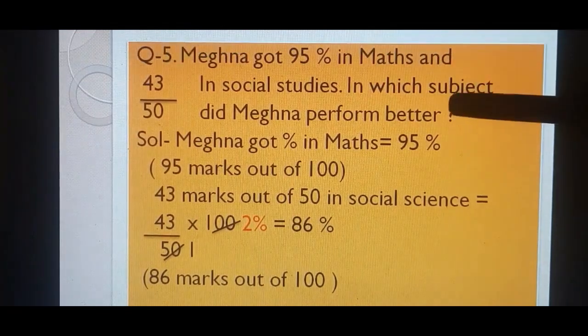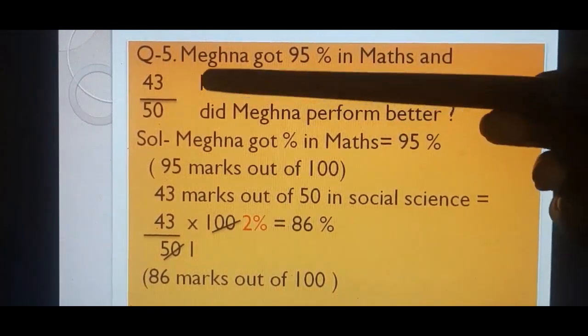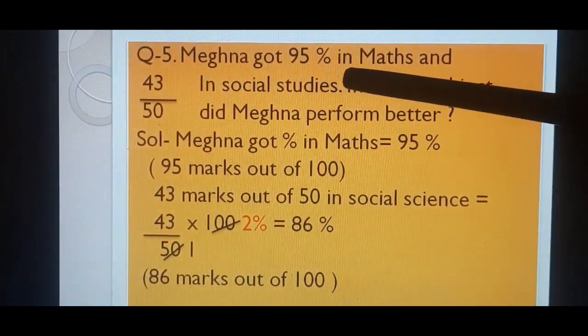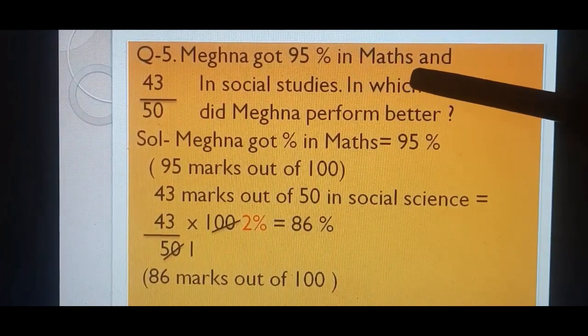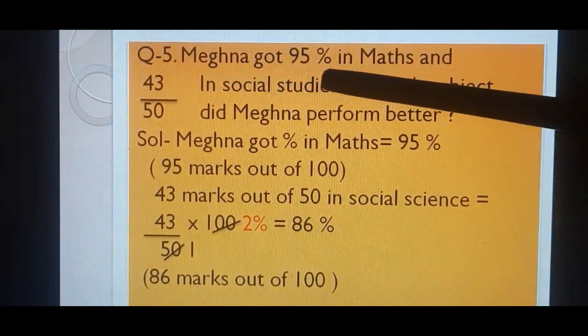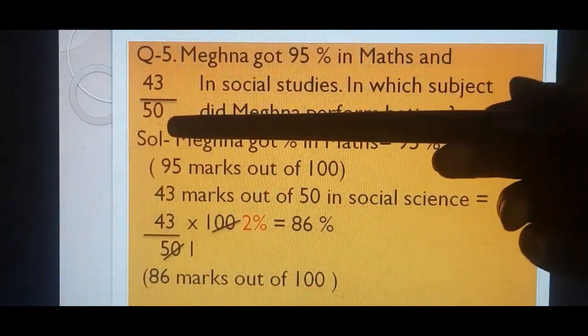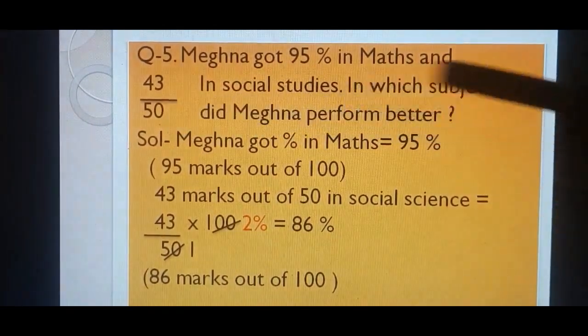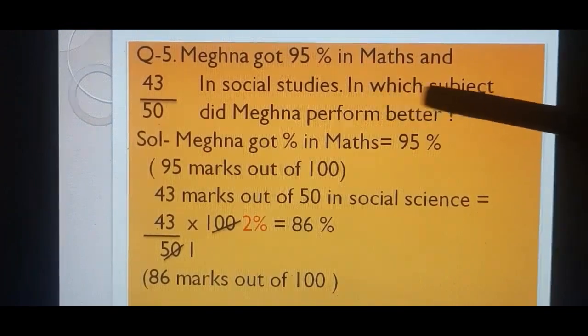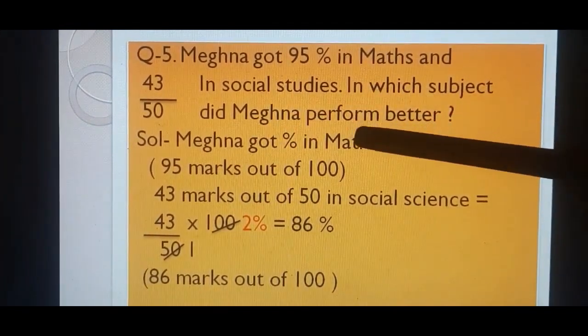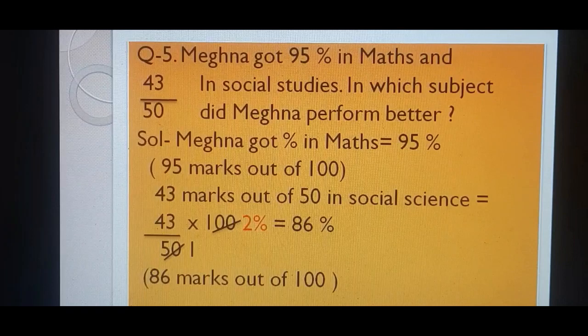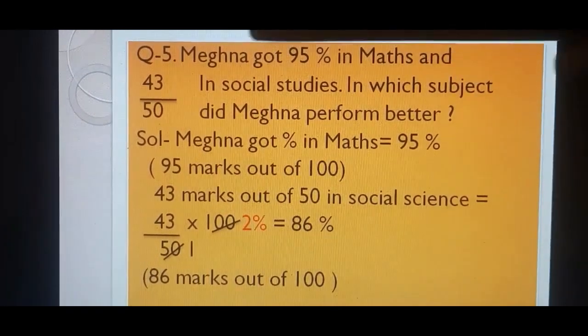Now question number 5. This is a word problem. Megha got 95% in maths. 95% in subject mathematics. And 43 upon 50 in social science. In which subject did Megha perform better? Now see the question beta.